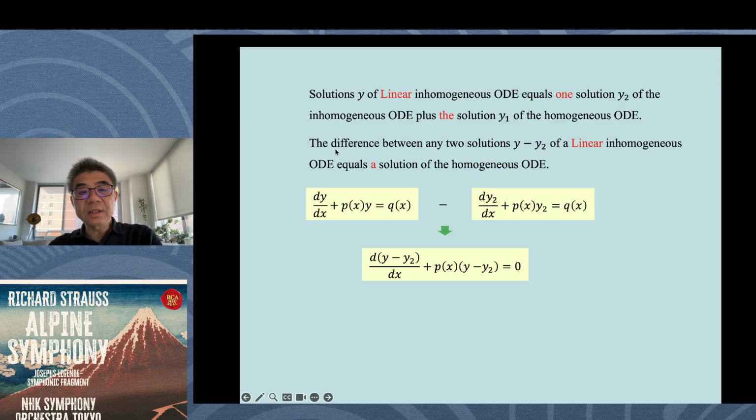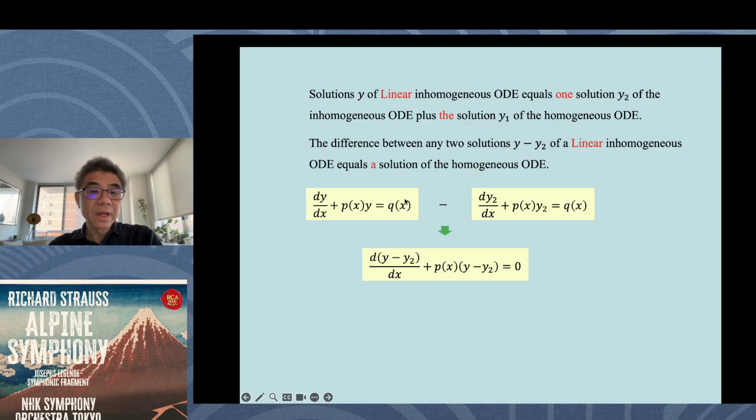If you take the difference between the two solutions, y is a general solution, y2 is a specific solution, then if you take the difference between them, y minus y2, you will see that the difference is actually a solution of the homogeneous ODE.